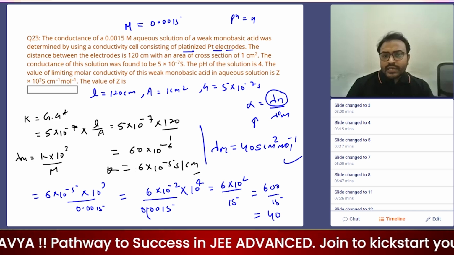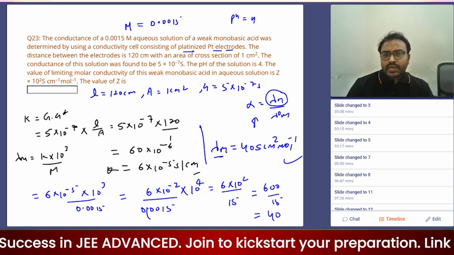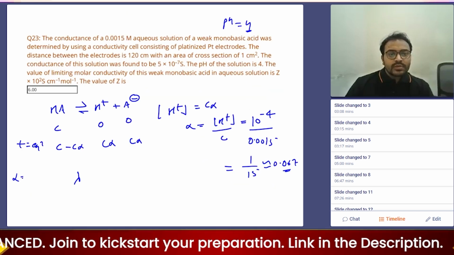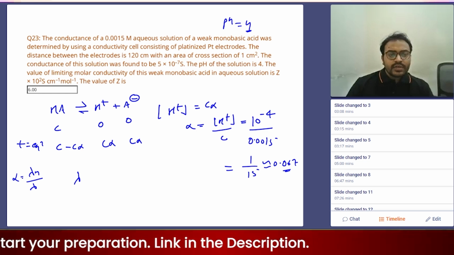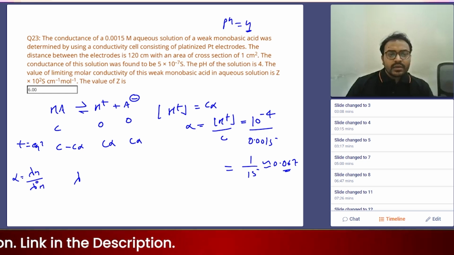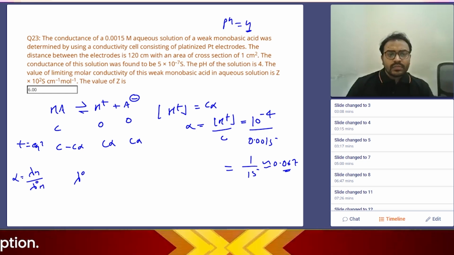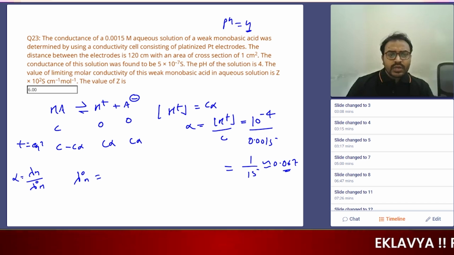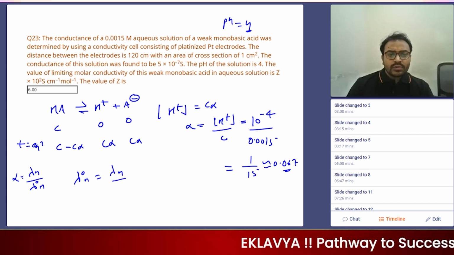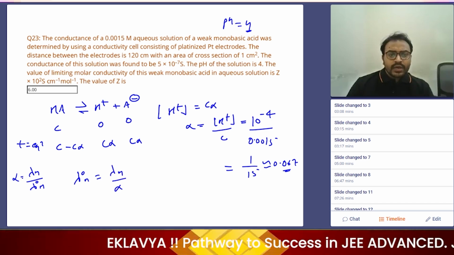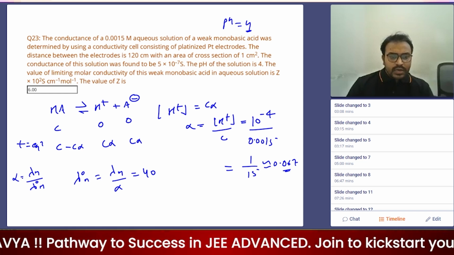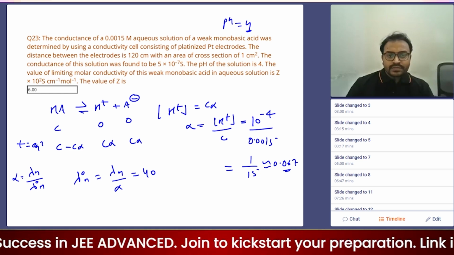On the previous slide we took this symbol, right? So here also I am taking alpha equal to lambda m by lambda naught m. So lambda naught m becomes equal to lambda m by alpha, and lambda m we got 40.